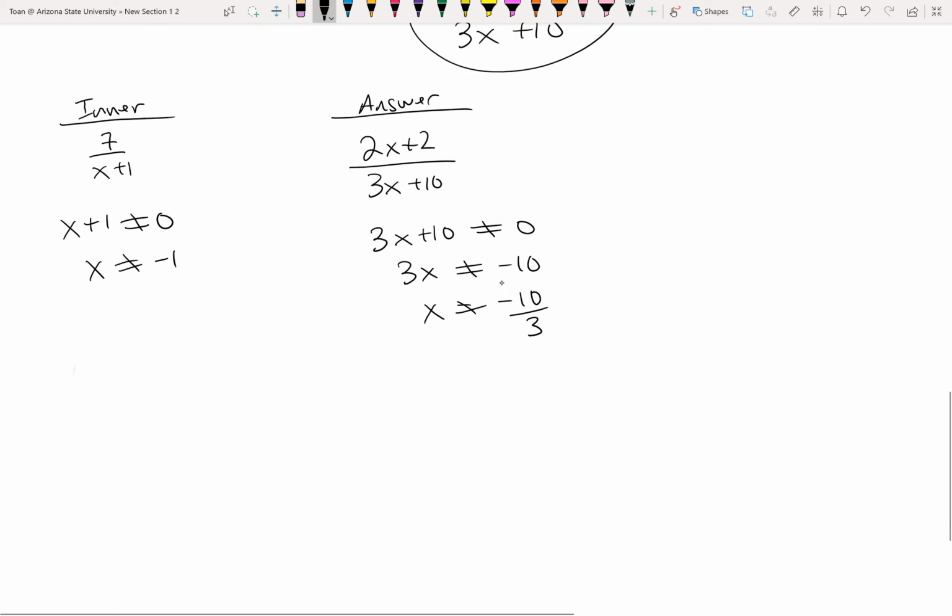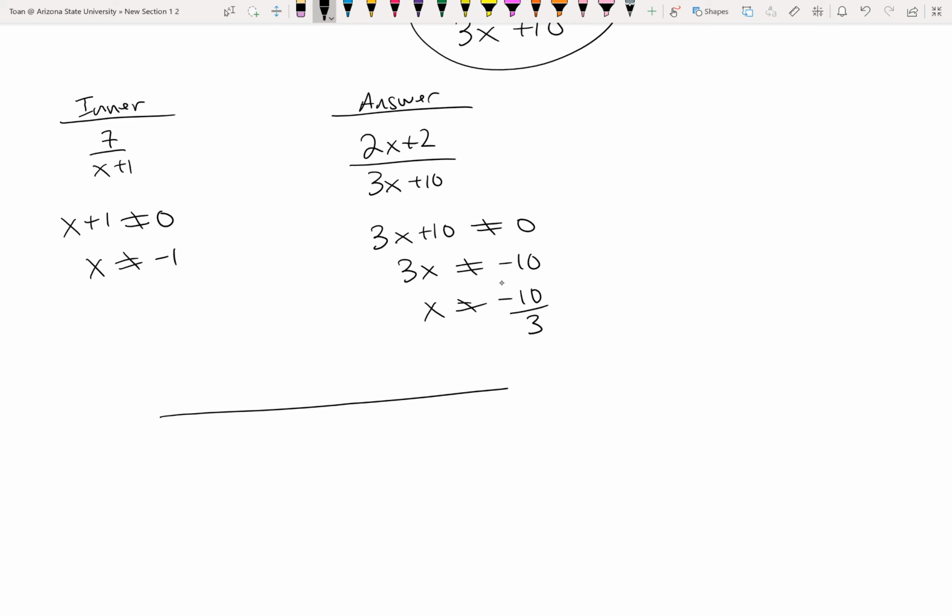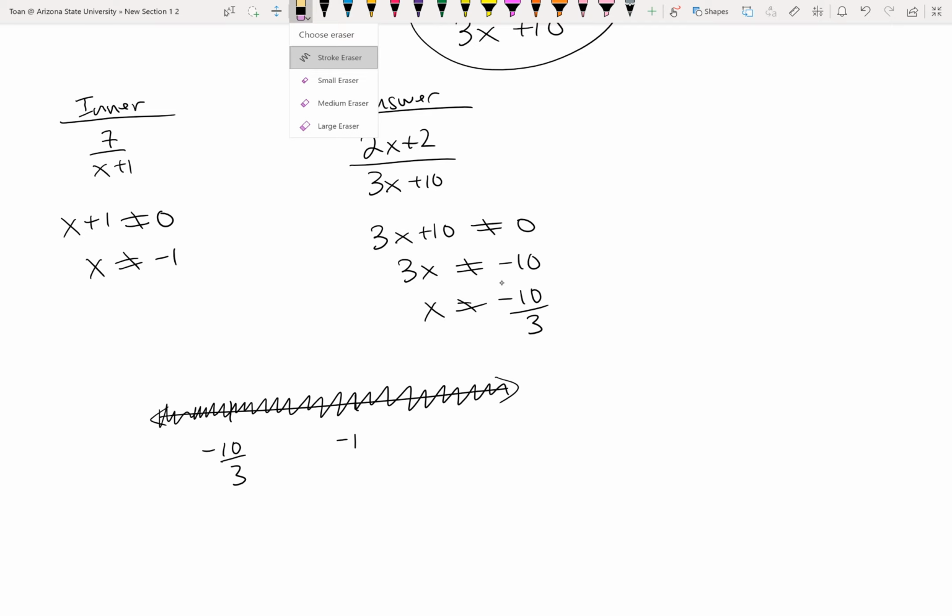So what would be the domain? You would just graph both of those guys on a completely shaded number line. And let's see, let's say -10/3 is here. Let's say -1 is there. And since my domain cannot include them, it's as if there are open gaps there.